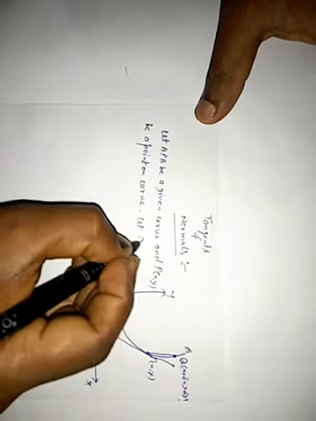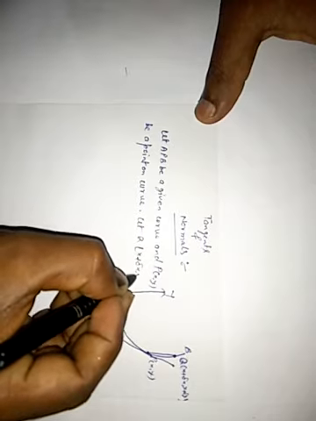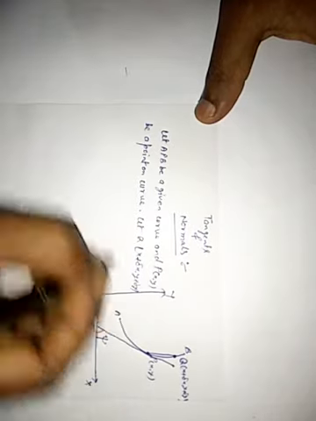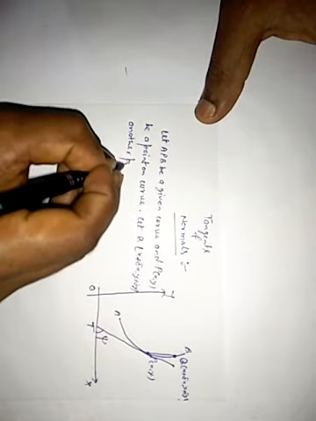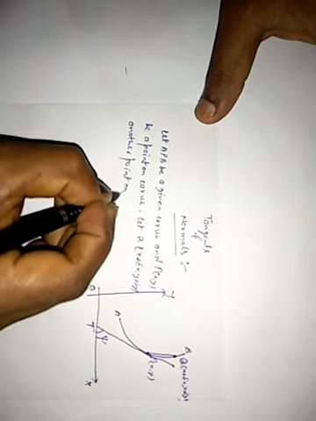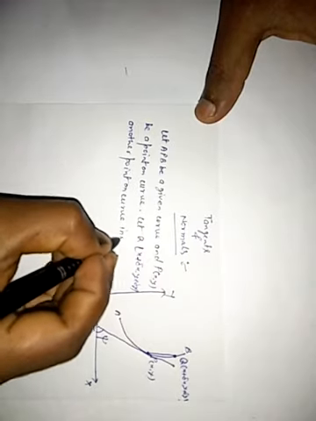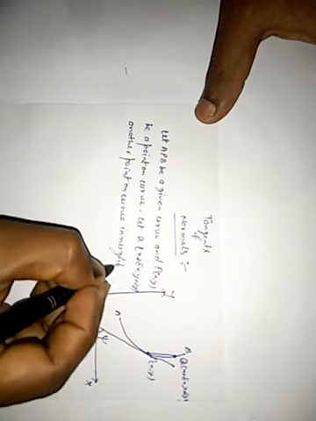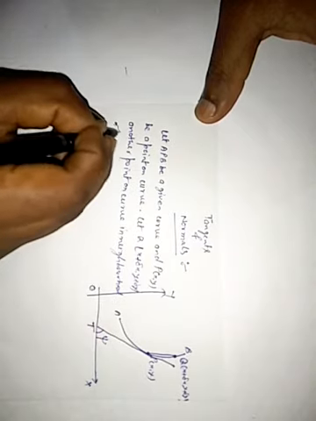Let Q be another point on the curve in the neighborhood of P.